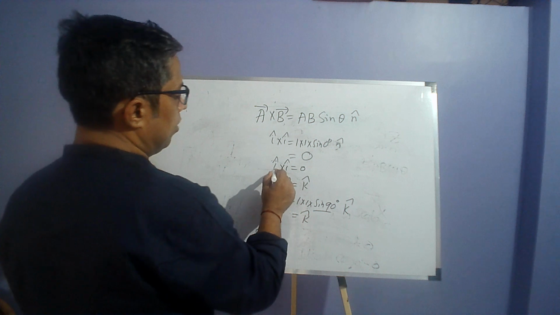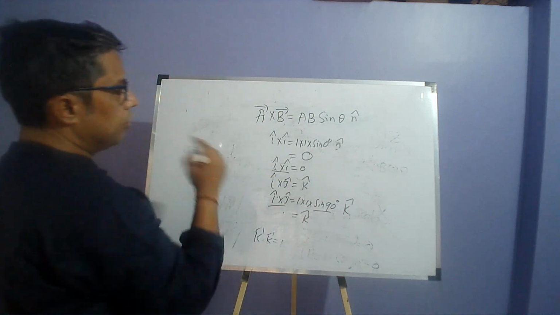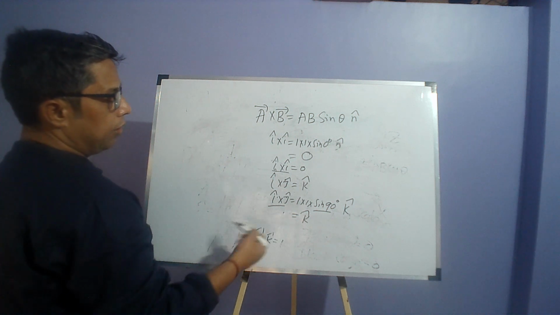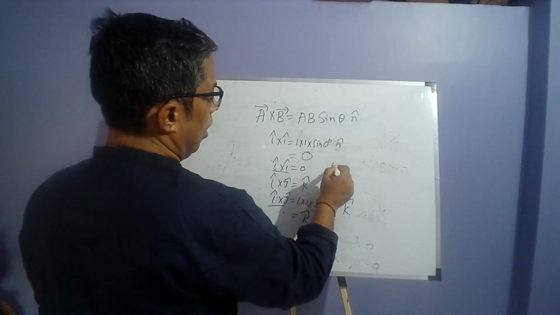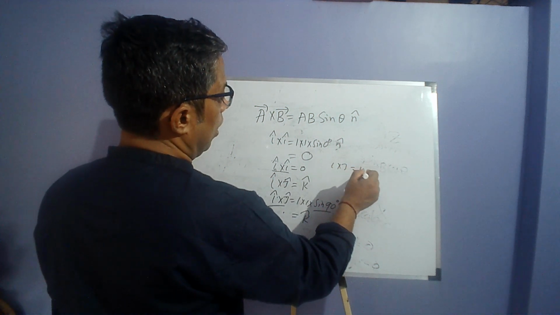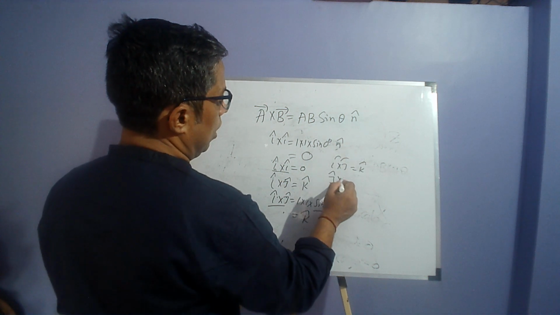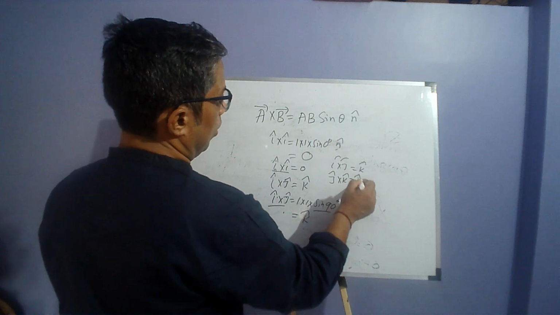The cross product of similar vectors will be 0, and for i, j, k, if I take i cross j, it will be k, then j cross k will be i vector.